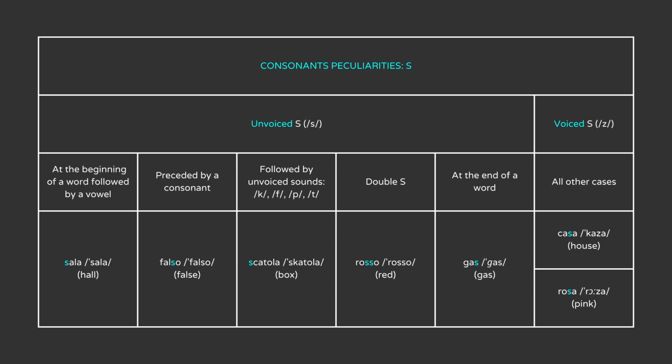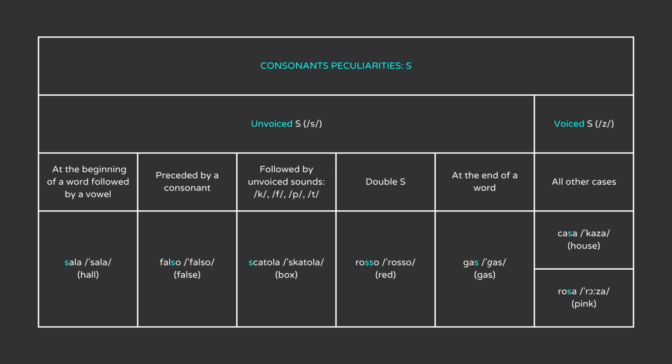Peculiarity number 3. S can be voiced, S sonora, or unvoiced, S sorda. S is unvoiced at the beginning of a word followed by a vowel, for example, sala. Preceded by a consonant, for example, falso.